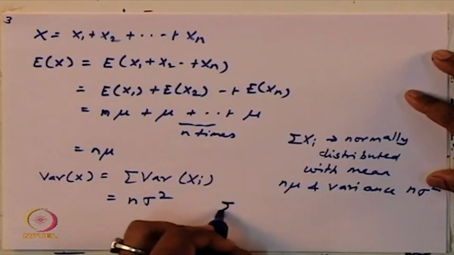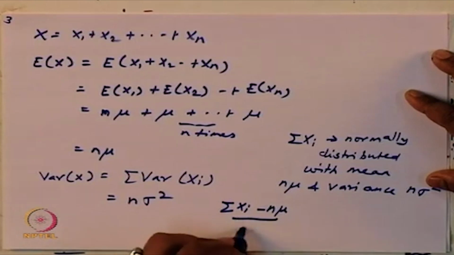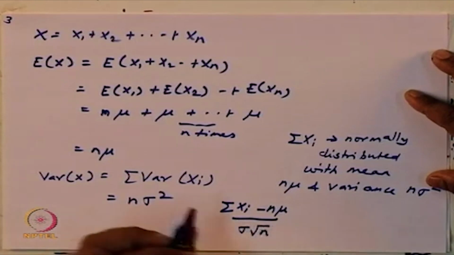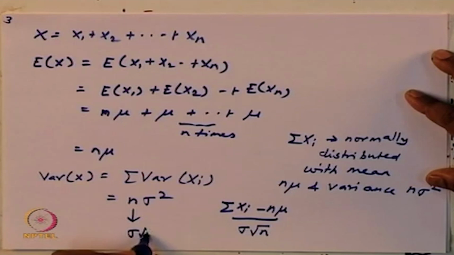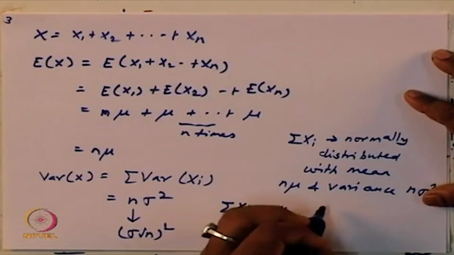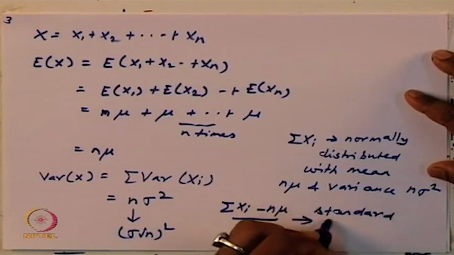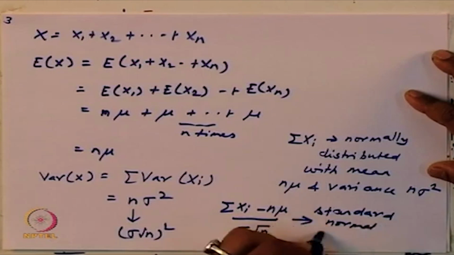Then I can say that summation xi minus n mu, divided by sigma root of n, where the denominator is the square root of the variance n sigma square, is approximately equal to a standard normal variable.